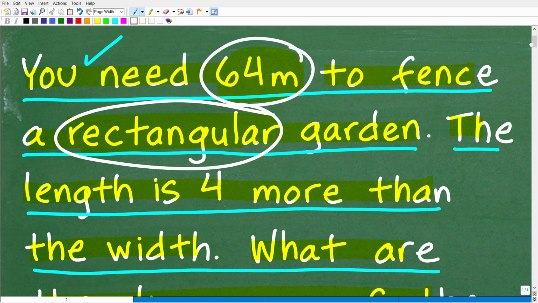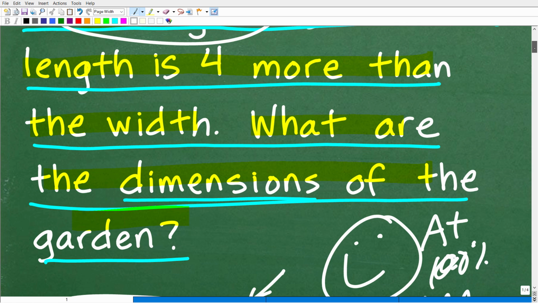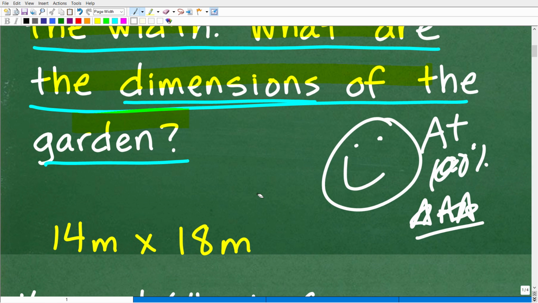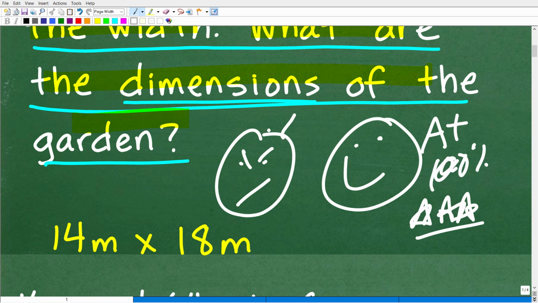Now, of course, we need to consider the rest of this information, and we will be using a bit of algebra. So don't panic. I don't like to say that these problems are algebra word problems because people are like, algebra word problems, I'm not even going to try this. I was terrible in algebra. Well, listen, some of you could have reasoned through this problem without even using algebra.